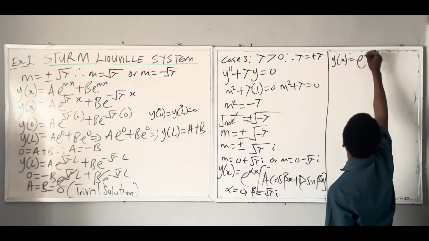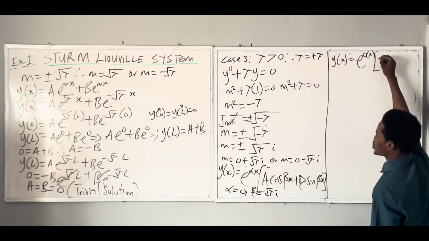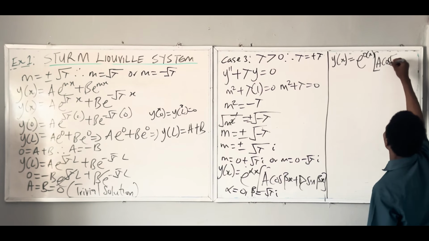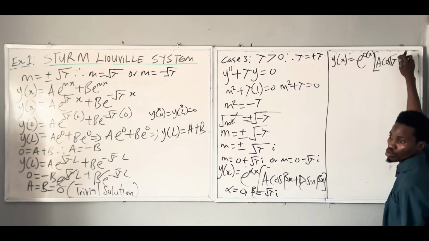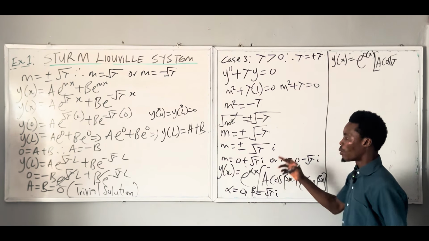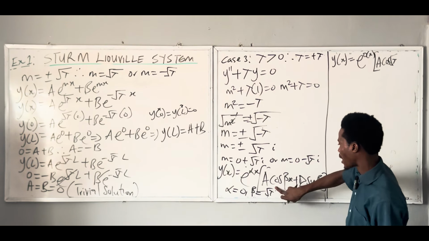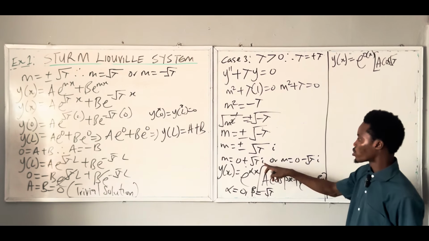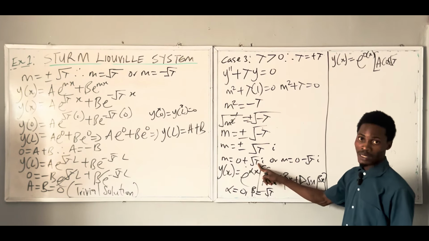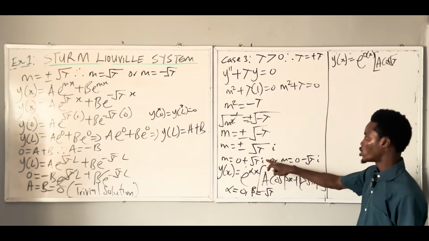So if I substitute into here, y of x is equal to exponential 0x, since alpha is 0, then A cos beta x. My beta is root lambda, so I'm not going to have i again. Whenever I have anything related to this, I must only take the coefficient of the imaginary symbol i.